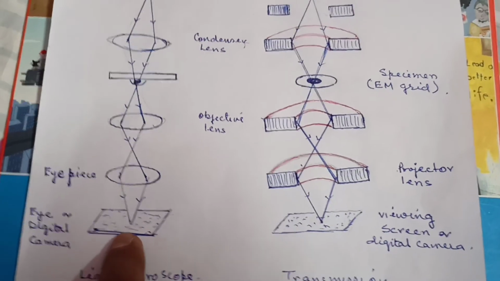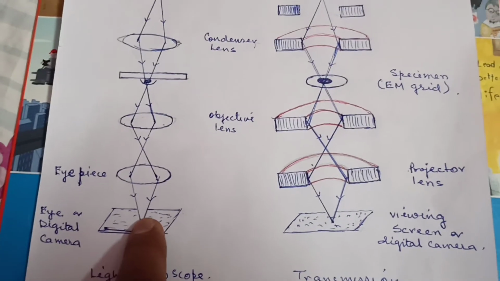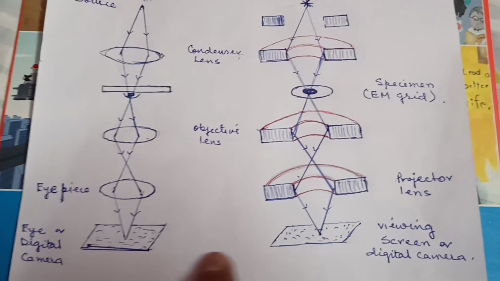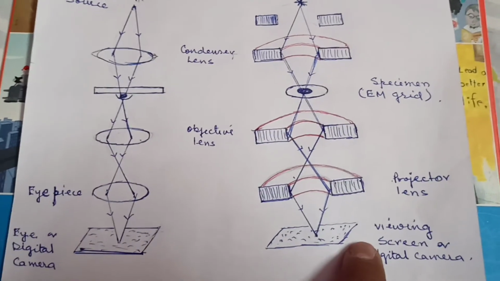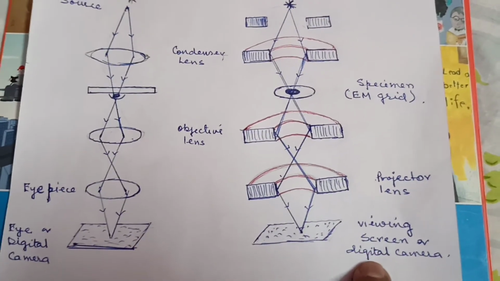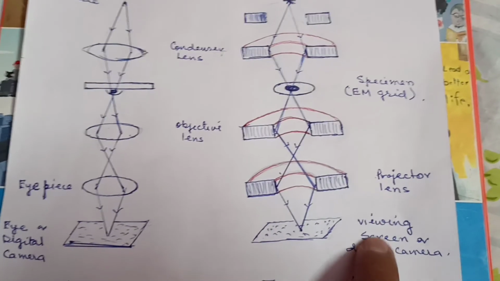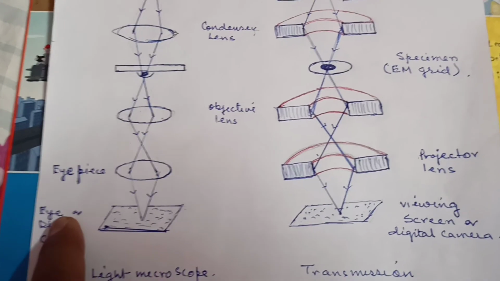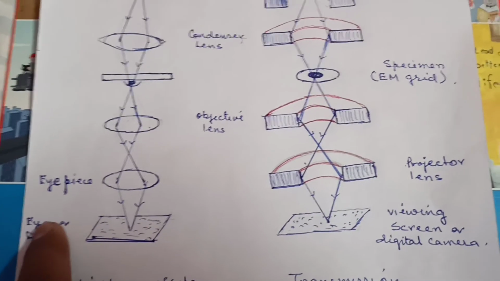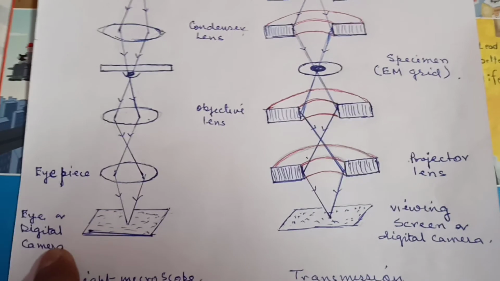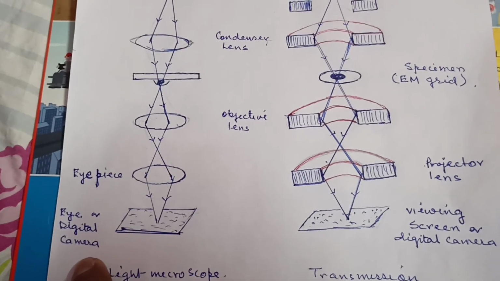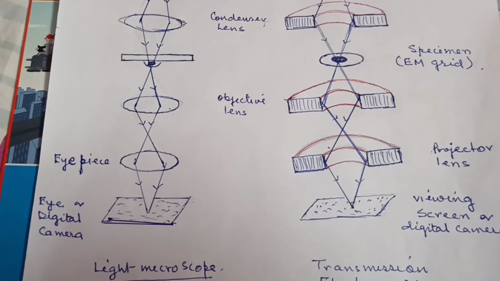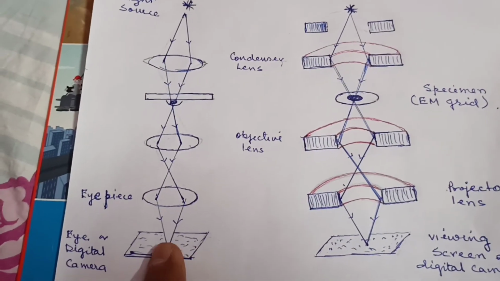Unlike the optical microscope, the object cannot be visualized through the eye, but rather it is viewed on a viewing screen or a digital camera, whereas in the optical microscope we can visualize the object through our eyes as well as a digital camera. One important thing is the magnification power.